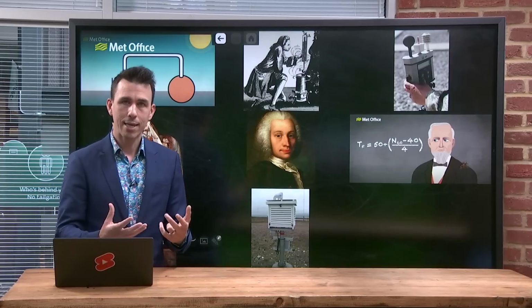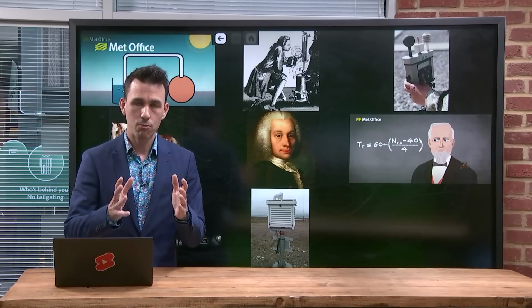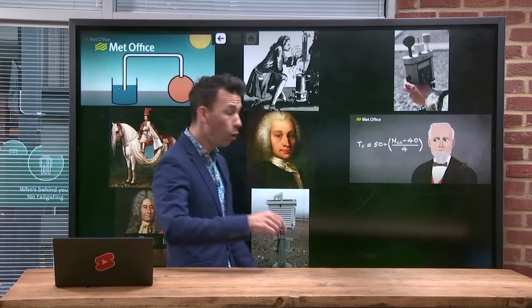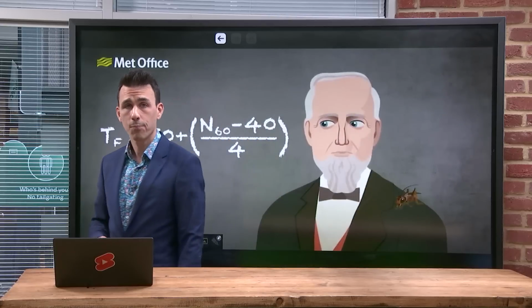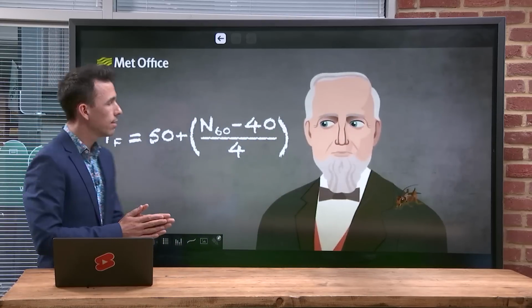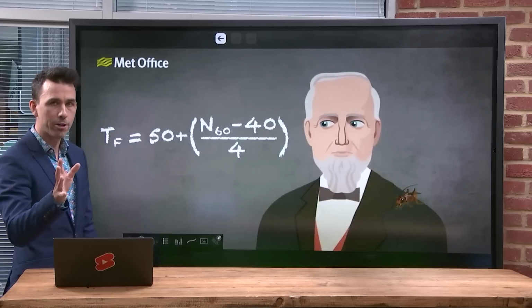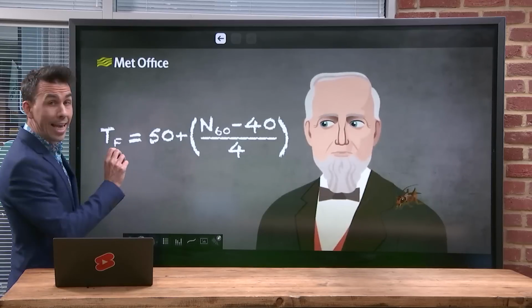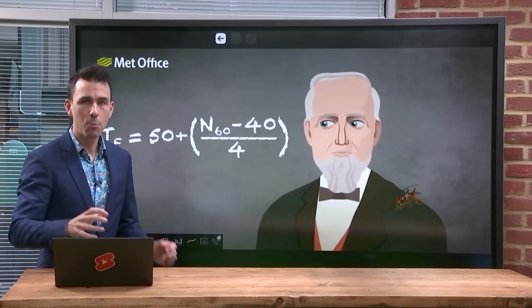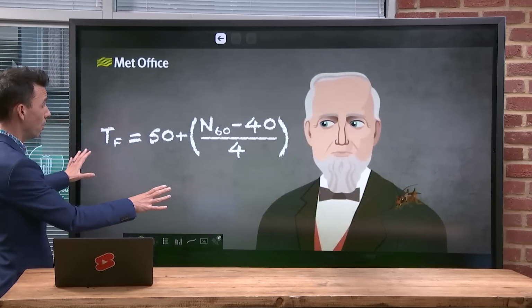And so the only way to get a consistent and reliable temperature reading is by taking a temperature reading from a Stevenson screen from a properly calibrated thermometer, or another way of doing it is by listening to the chirps of a cricket, because this fella, Amos Emerson Dolbear, American physicist and inventor, he discovered that crickets chirp faster or slower depending on the air temperature outside, and he even came up with a formula.